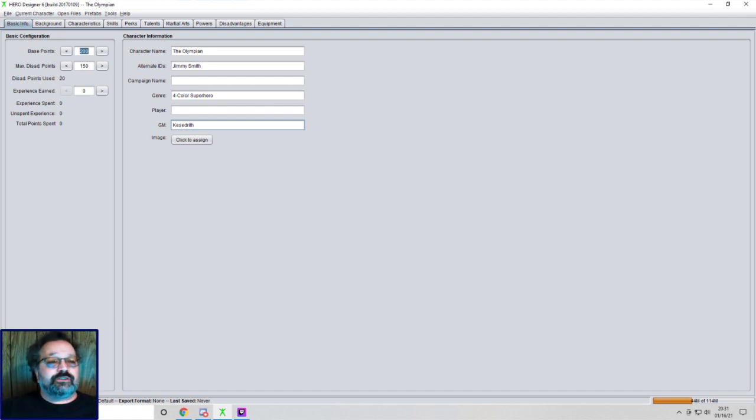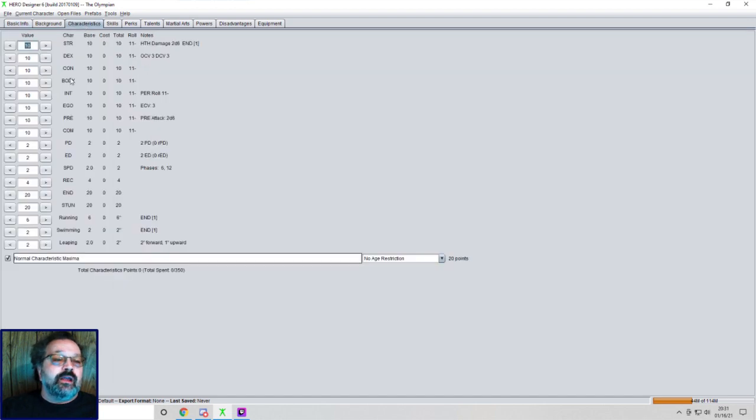So, I want to start out with characteristics. And I'm going to start with a base of what I have in his true form, his other form. And so I'm going to put all of those, oops, that's the wrong one, all of those attribute scores in here as his base that we're going to be working from as the Olympian.